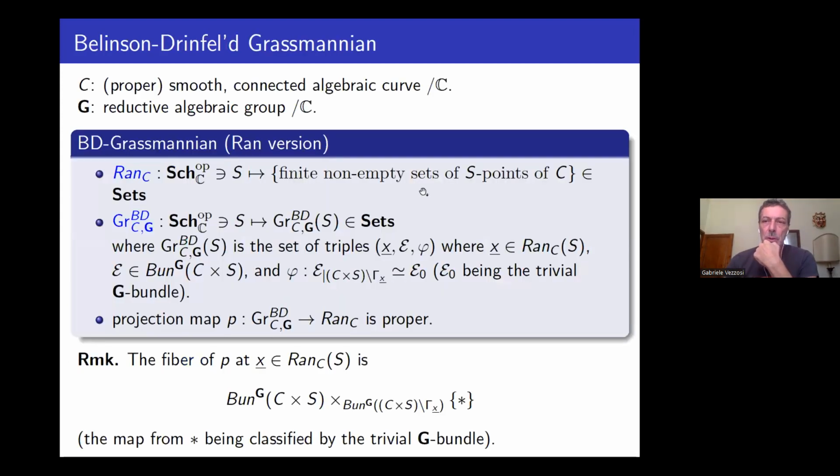So let me recall this Beilinson-Drinfeld Grassmannian.